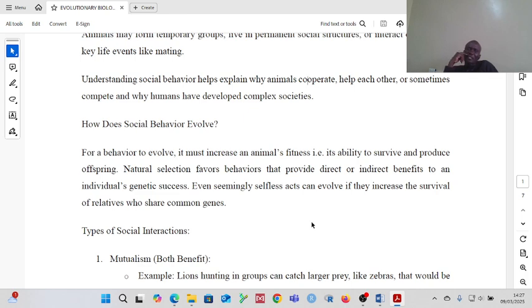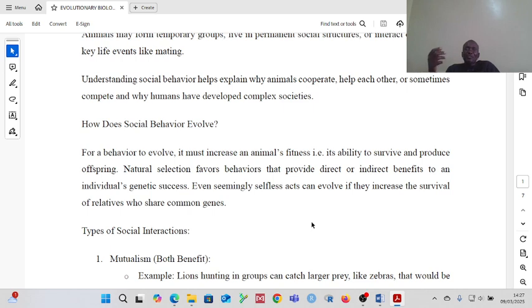So how does social behavior evolve? Okay. For it to evolve, for it to change, that behavior must, in a way, increase the fitness of an animal. The fitness here refers to the ability of that animal to survive and produce offspring.